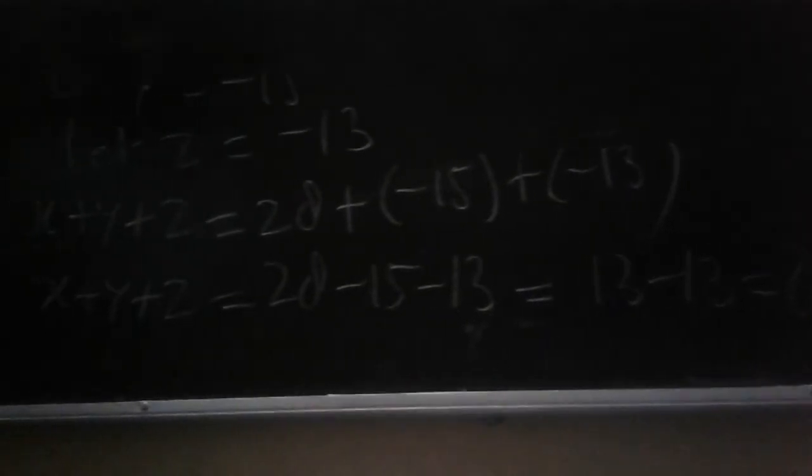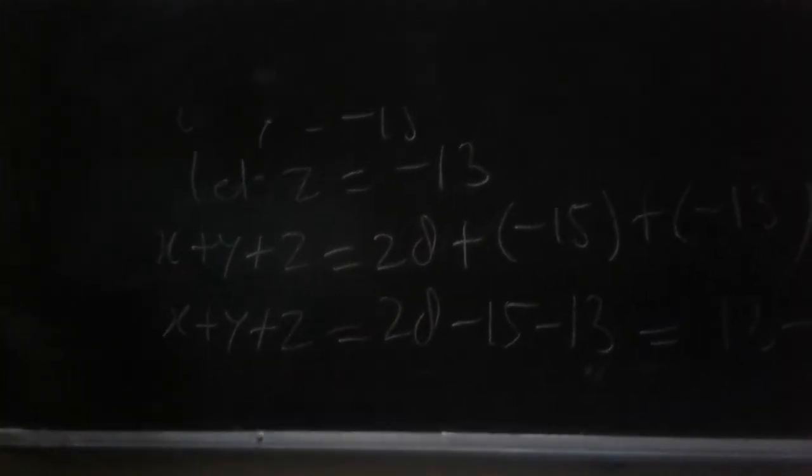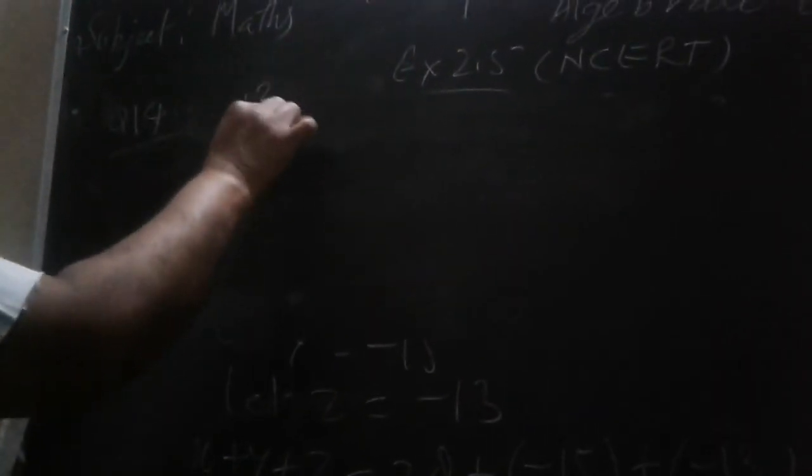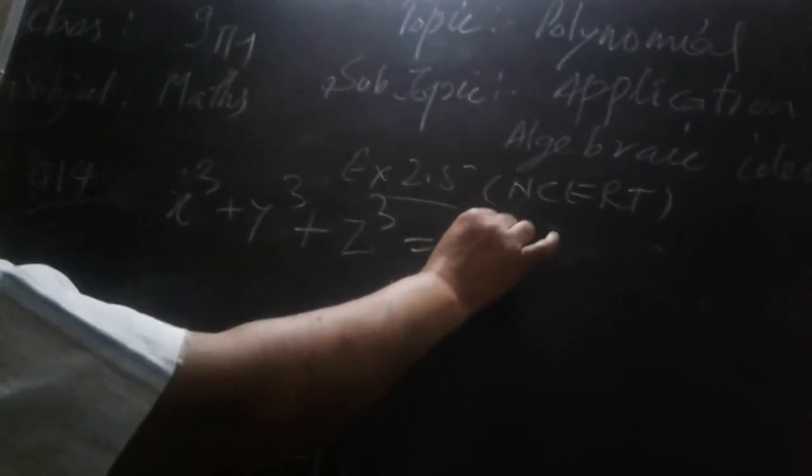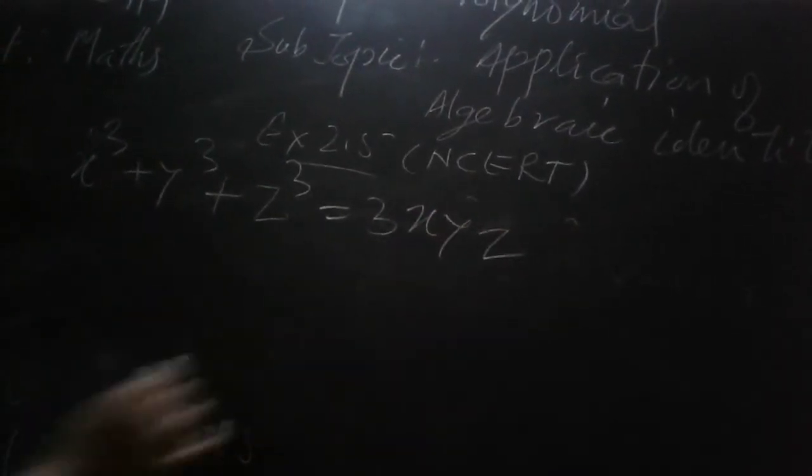Now x plus y plus z is equal to 0, and when this happens, x cube plus y cube plus z cube becomes equal to 3xyz.